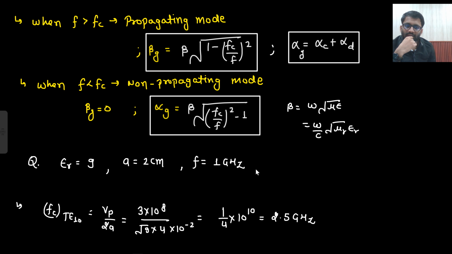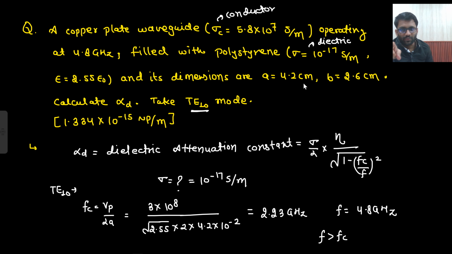Now you need to find the value of guided attenuation. This is the question. The mode is given, that is take TE10 mode. Your first task will be to find out whether it is a propagating mode or not a propagating mode. If it is a propagating mode, then this calculation you will do.